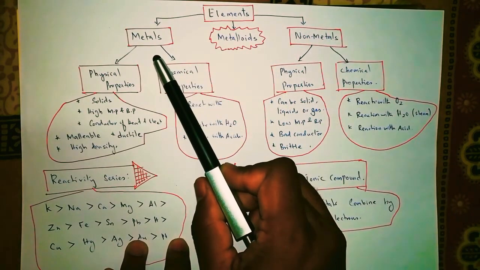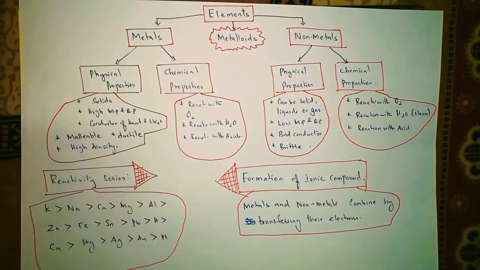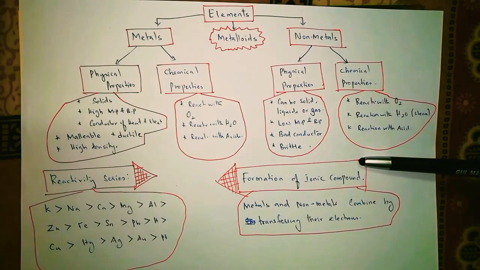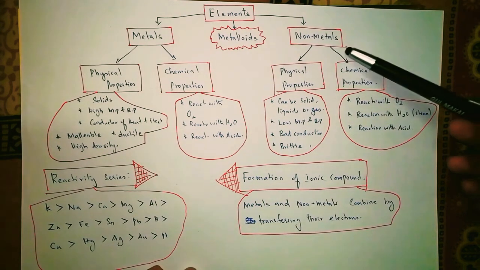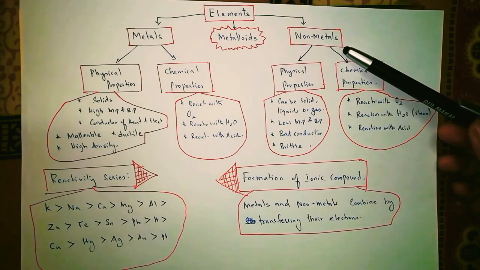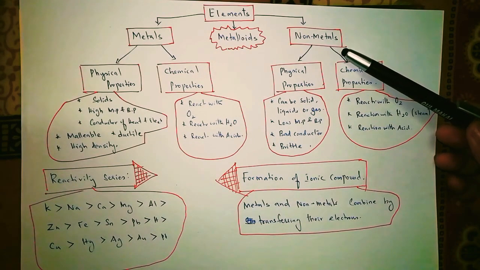Metals, as we know, are electropositive in nature, they donate electrons, right? They are positively charged, that means they are cations. Non-metals usually exist as solids, liquids, and gases, and they are electronegative in nature, that means they receive electrons, right?